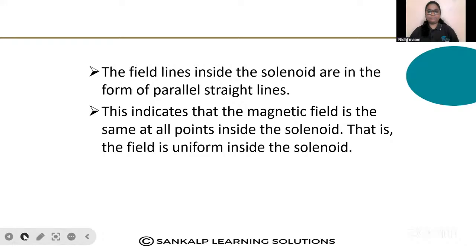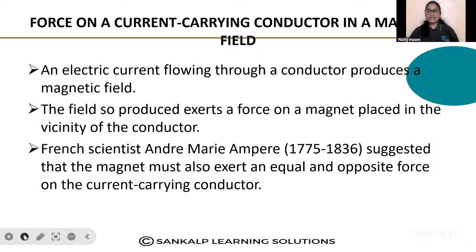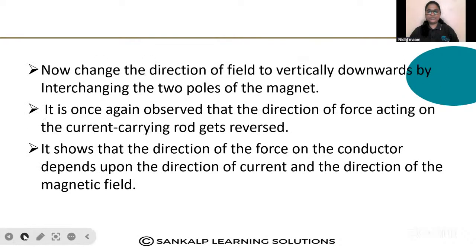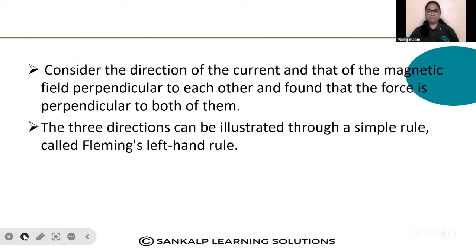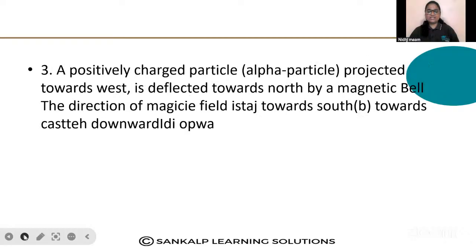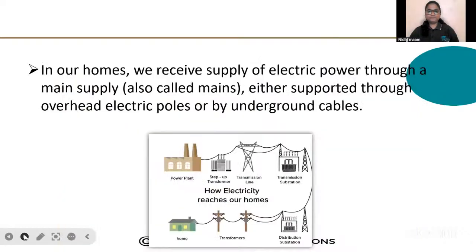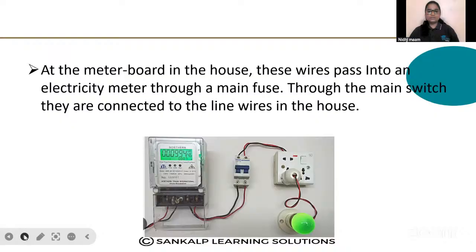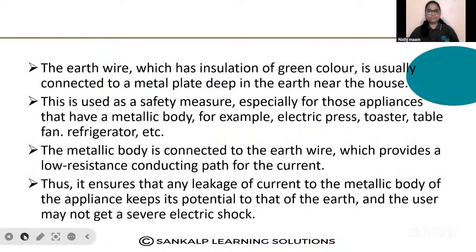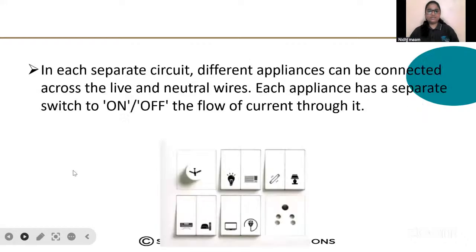We also saw how a current carrying conductor produces a magnetic field, how a straight current carrying conductor produces a magnetic field, and how a circular conductor loop does. Then we saw the green wire, red wire, and earth wire in our circuits. Right, so this we have studied.